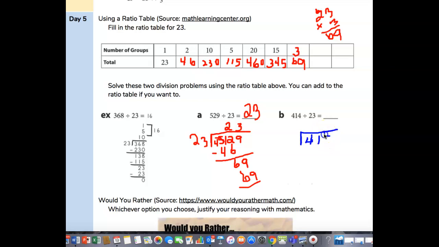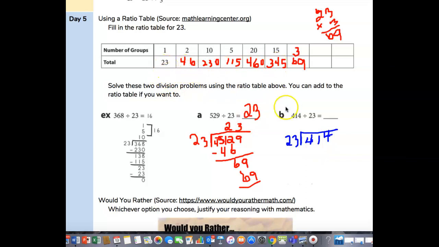414 divided by 23. Okay, so how many 23s are in 41? So let's look up here.